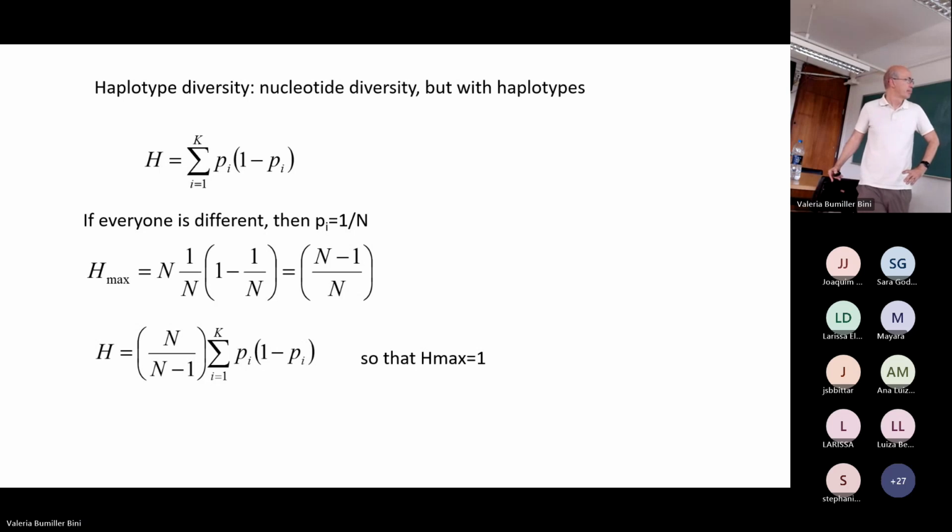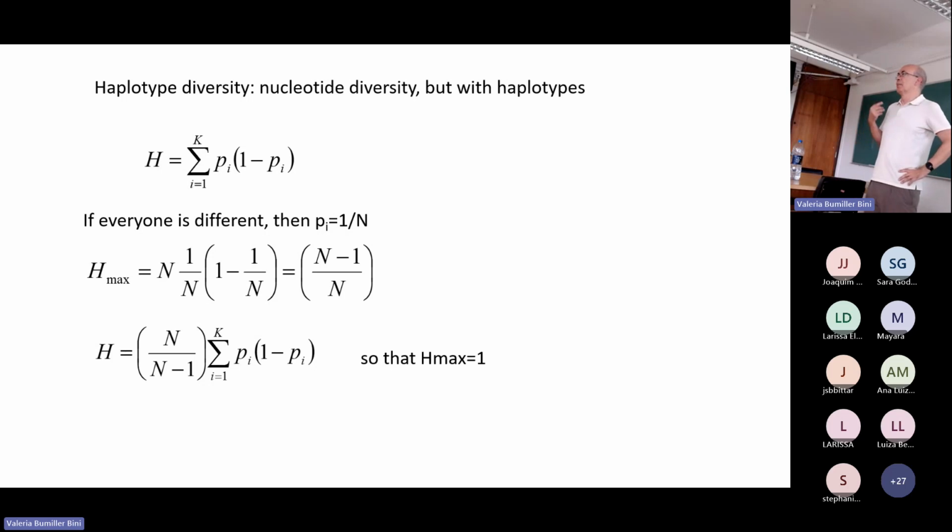The problem then is that you don't have a clear expectation of the scale of this value, this H: is it small, is it large? For that, we can make it relative to its maximum possible value, and that's quite easy to compute.